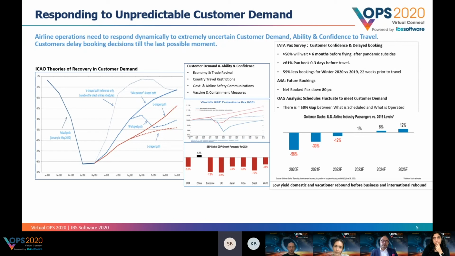So if I was a CFO at one of these large organizations, or the commercial organization, I would feel very uncomfortable trying to look forward any more than literally days and weeks at this point in time.